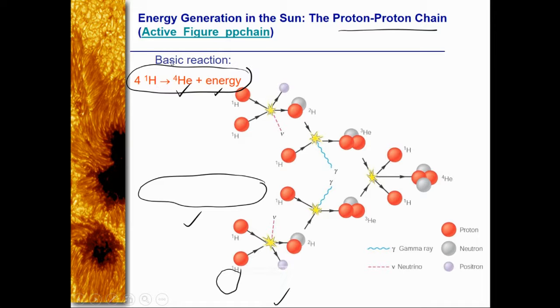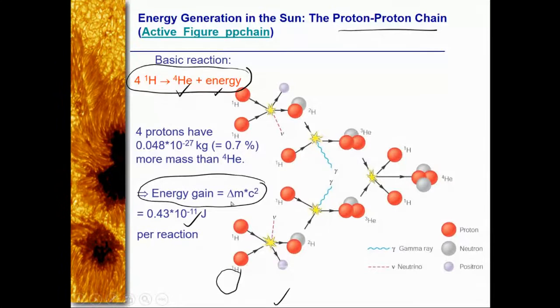So the basic idea is that you start with 4 hydrogen atoms, and you produce a helium atom, and of course the difference in mass comes out as energy. That's exactly how the sun produces its energy. The mass of the 4 protons is more than the mass of the helium itself, so I have a difference in mass.